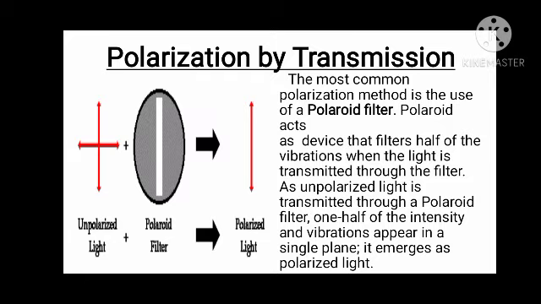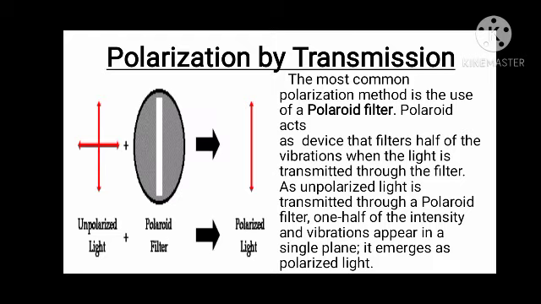In this sense, a Polaroid functions as a mechanism that filters out half of the vibrations when the light is transmitted through the filter. As unpolarized light is transmitted via a Polaroid filter, it emerges at one half of the strength and with vibrations in a single plane. So it emerges as polarized light.